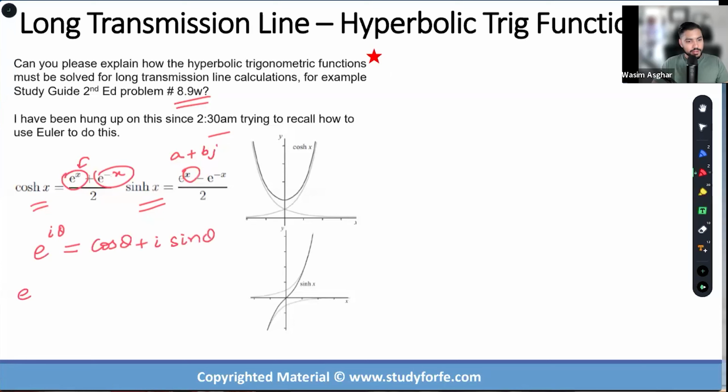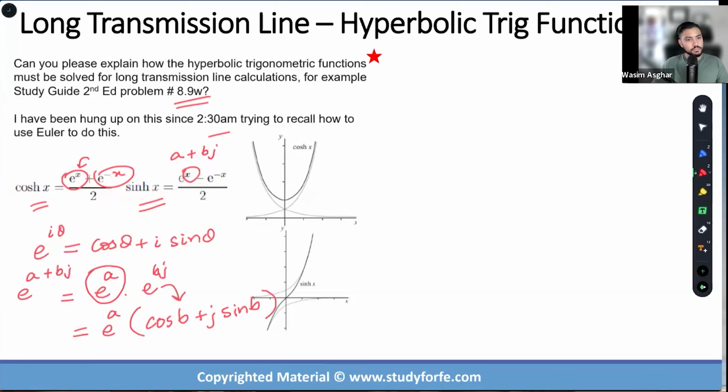So when I have e raised to the power a plus bj, can I write this as e raised to the power a times e raised to the power bj? Any issues with this? e to the power a is just a constant, a real number. I'm going to keep it as it is, and I'm going to expand e to the power of bj as cosine b plus j sine b. All good?